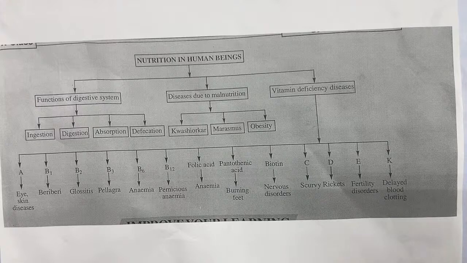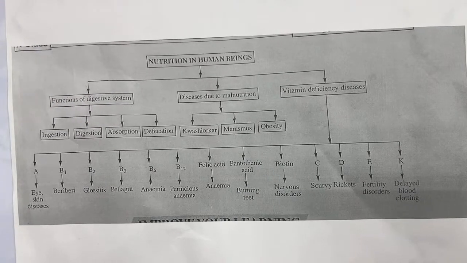If 70 ml of blood is not available in our body, they get a lot of diseases regularly and periodically: headaches, stomach aches, all kinds of problems children get, due to a lack of phylloquinone, vitamin K. So these are the kinds of diseases you get due to vitamin deficiency.